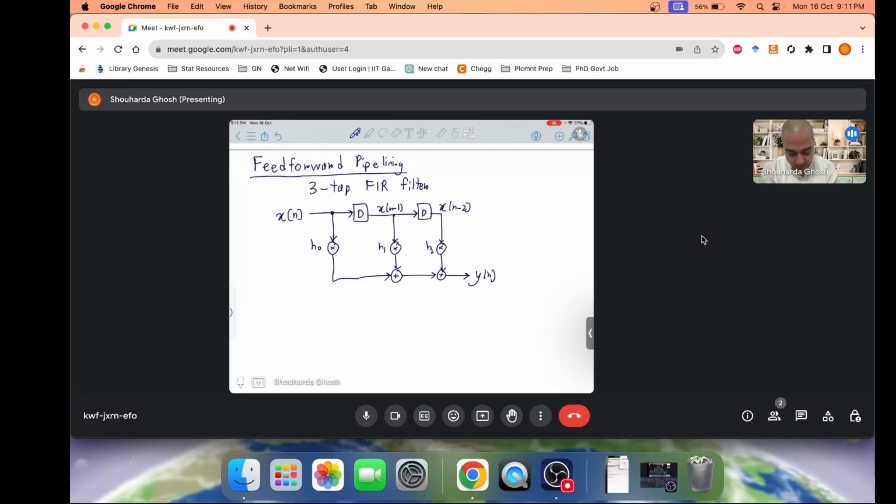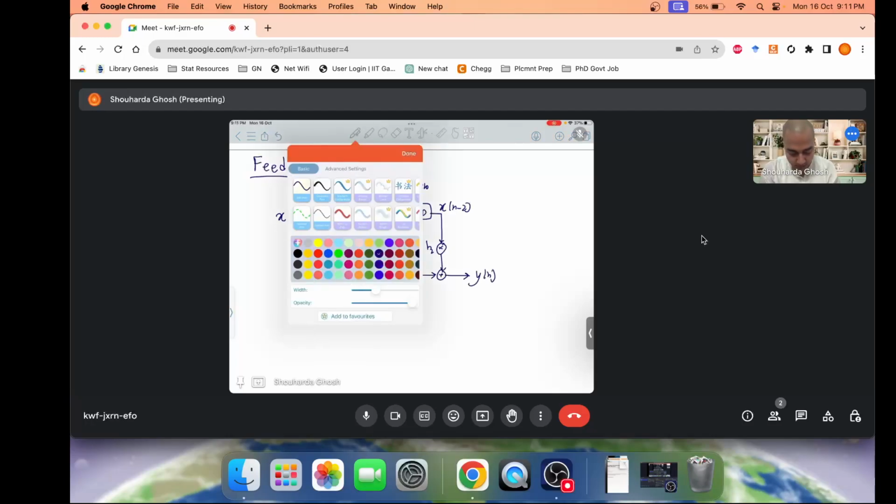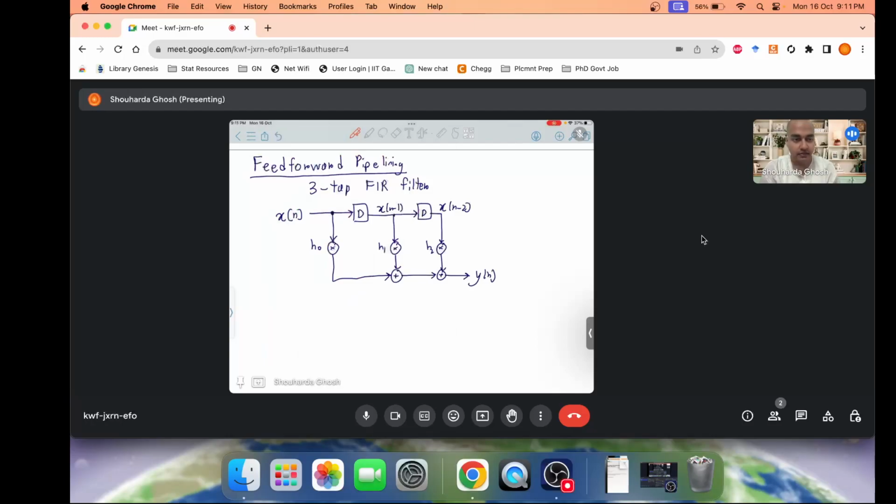And then we define the concept of critical path, which is the longest path in the circuit. And what were the 4 types of critical path? If you remember, they were from input to output, and note that the critical paths do not have any delay element or registers between them.